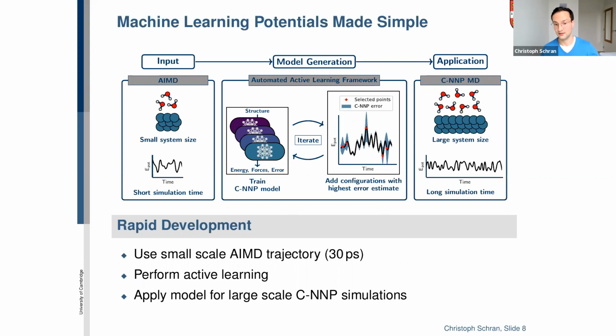But once you have that, I would usually then start this query by committee job, which would again be a separate step. Afterwards, once you have generated your training data, you get the final model, and then you can do whatever you want with this final model. You can apply it for larger simulations, longer simulations, and in principle also do some temperature variations.